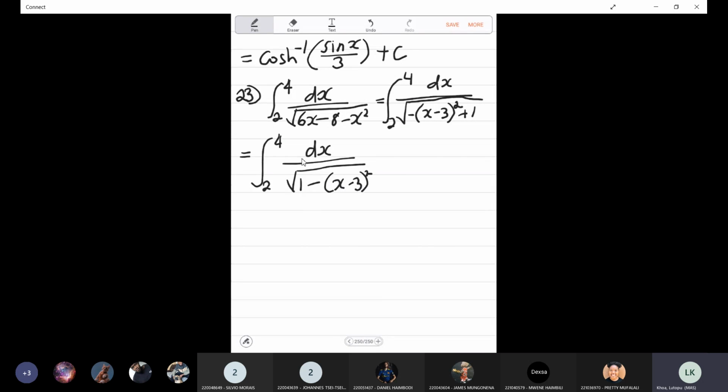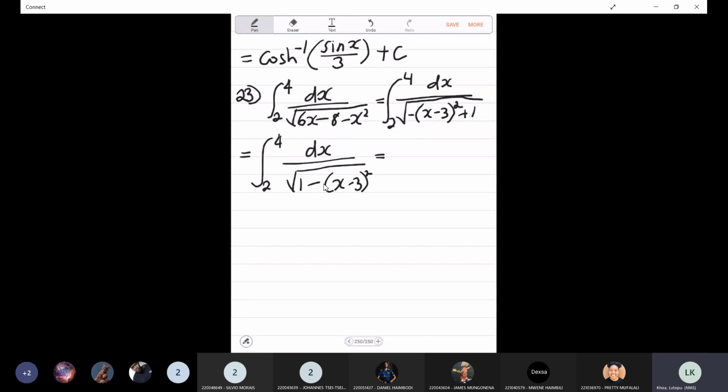Okay, so we just need to check, is the numerator the derivative of whatever it is we're squaring here? The derivative of x minus 3 is 1, so the numerator is fine, so we can just go ahead and integrate. So we have a square root, we should be thinking sine and cos, and because this is 1 minus something, this is sine inverse or negative cos inverse.